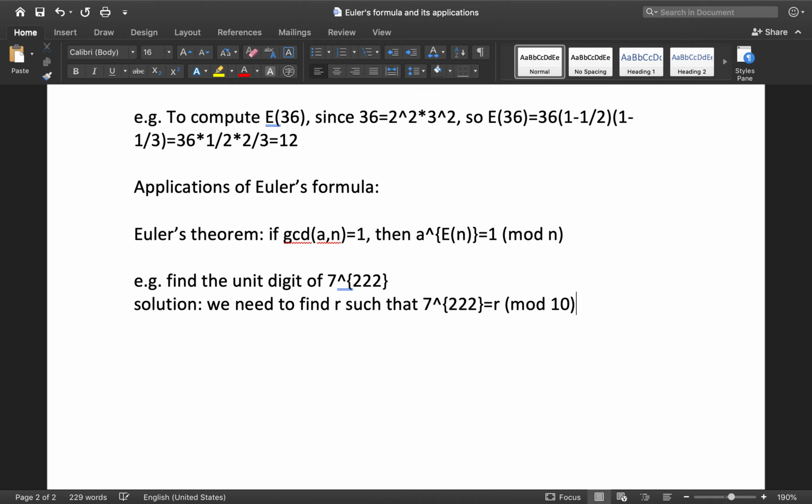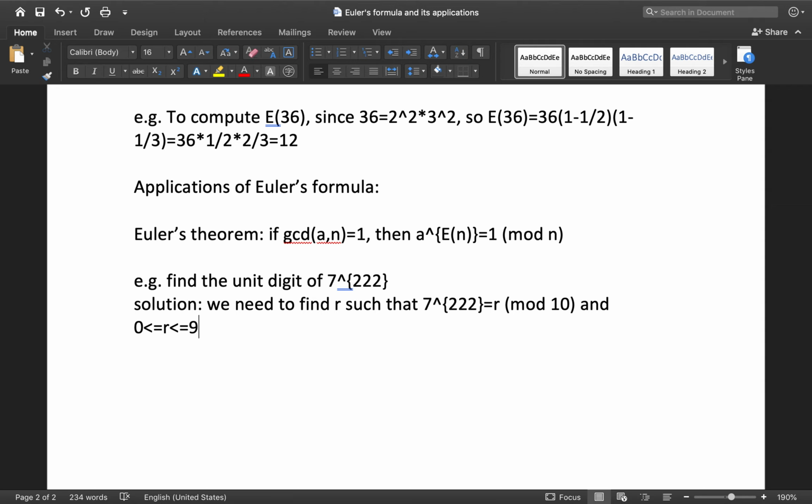Because this is something we did in the last video: if you want to find a unit digit, you just have to solve that congruence relation modulo 10. And you have to make sure this r is bigger than or equal to 0 but less than or equal to 9. Because if it's 10, you can just take another congruence and you get 0.